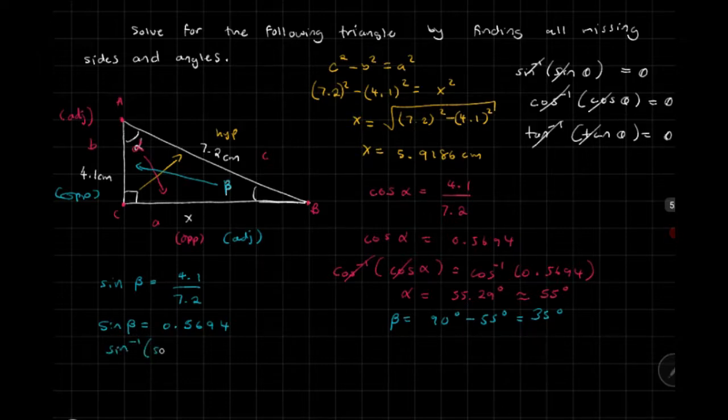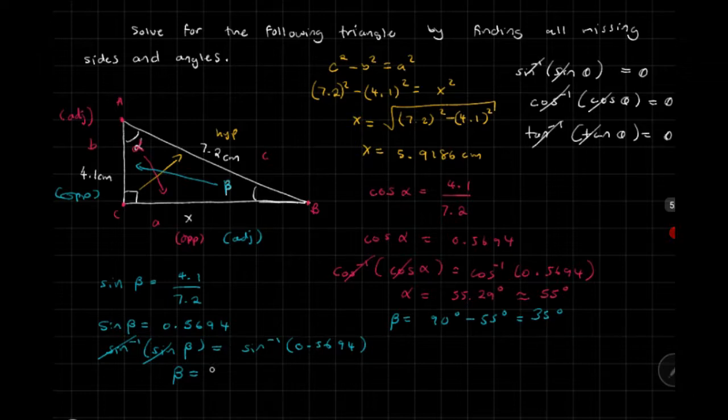So sine inverse of sine beta is equal to the sine inverse of 0.5694, and then the sine inverse and the sine cancel out, so we get beta is equal to the sine inverse of 0.5694.